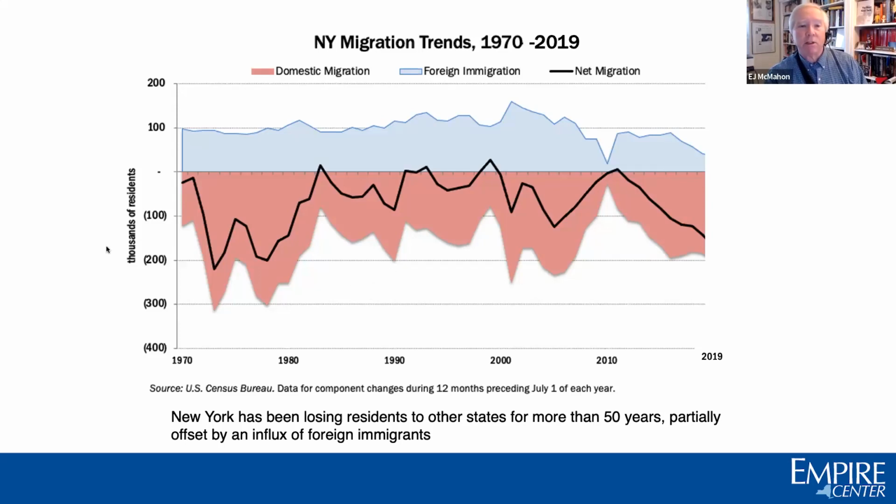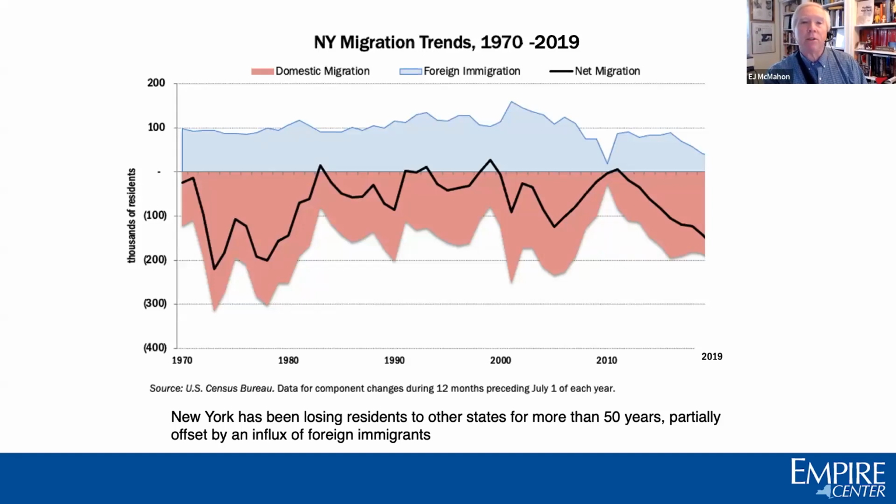And as you'll see on this chart, the really record period for outflows from New York was the 1970s, in which there were massive outflows of New Yorkers, averaging over 250,000 a year or more. And net migration, which is domestic minus foreign immigration, people coming into the country, was negative that whole period.